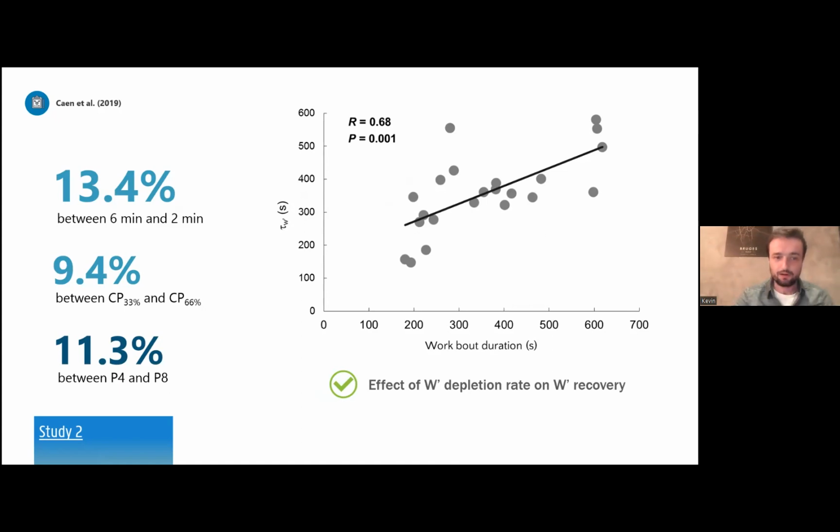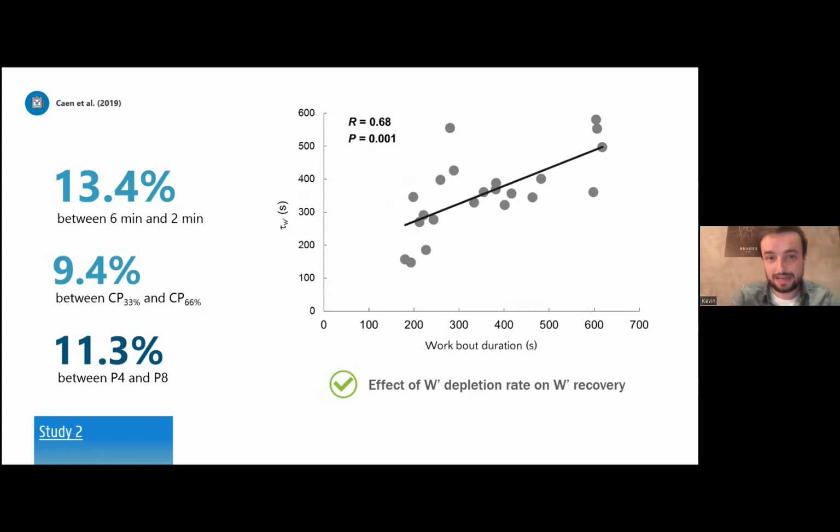So, of course, depending on the modalities of the work bout, the work preceding recovery can equally impact, or to the same extent impact, your W prime recovery. And if we put it in a correlation, we can see that the longer the work bouts that you do before you recover, the slower the time constant becomes.